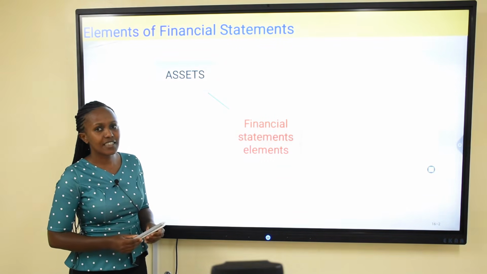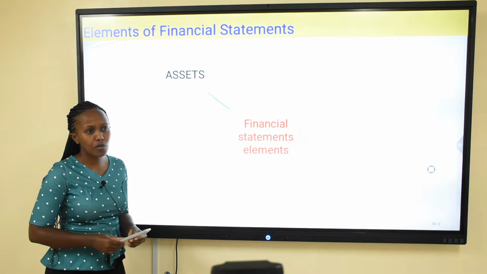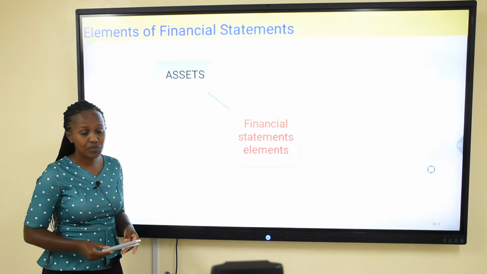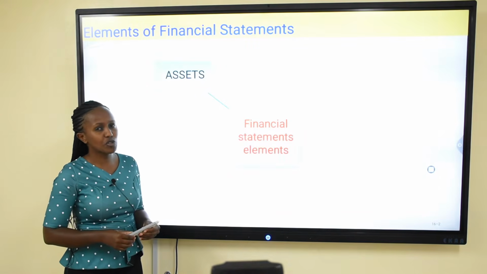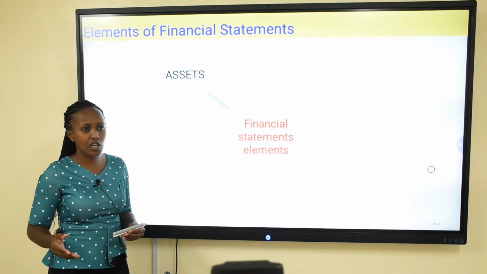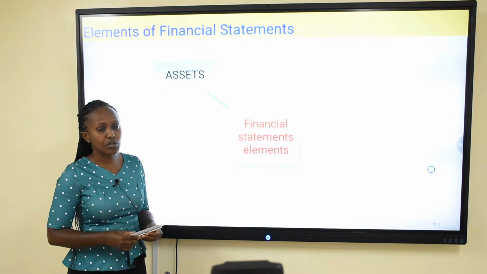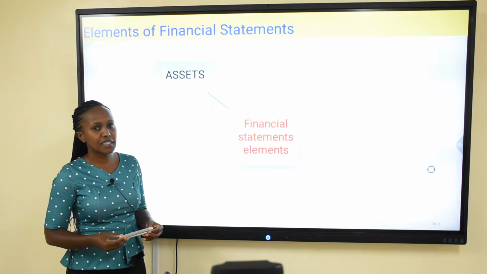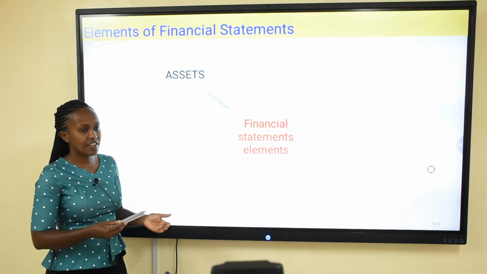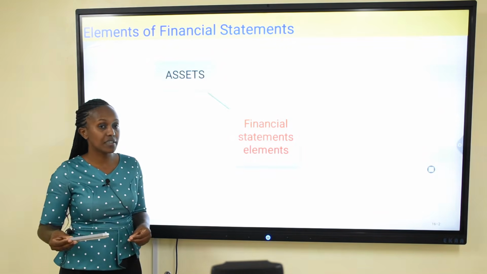Current assets are assets that are consumable, sellable, or convertible into cash within a short period of time, usually within one year, one fiscal year, or one accounting period. The current assets represent items like cash, either cash at hand or cash at bank.